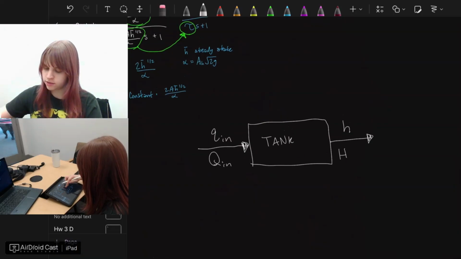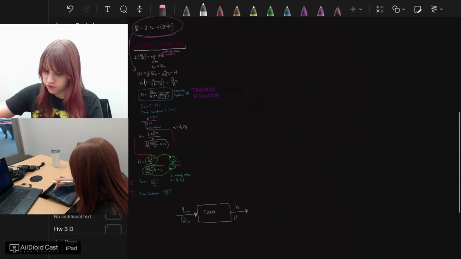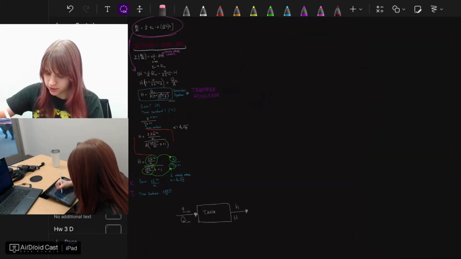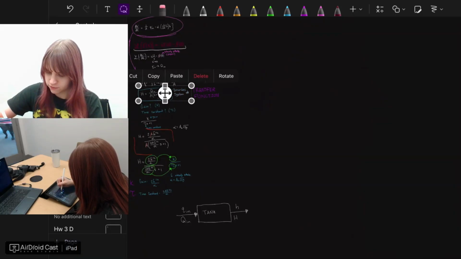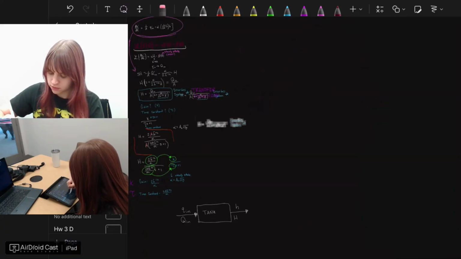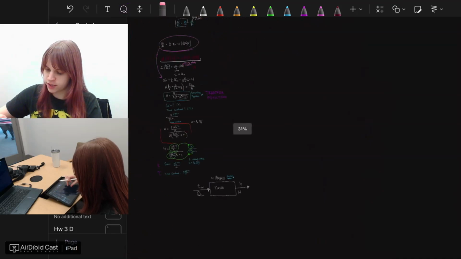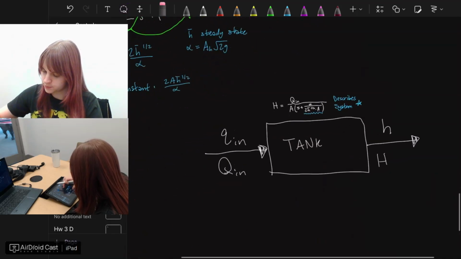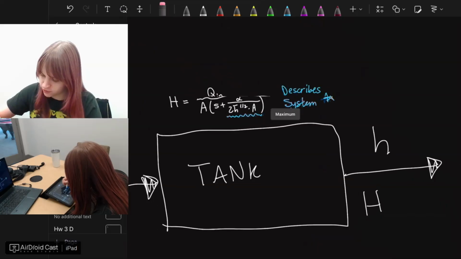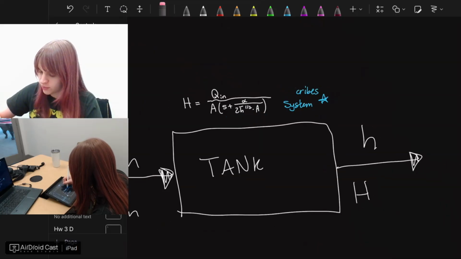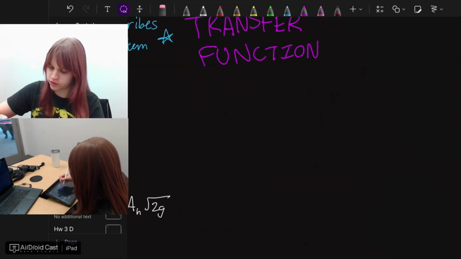And then this equation that we calculated up here, so that equation that we have from up there describes how this system behaves, essentially.